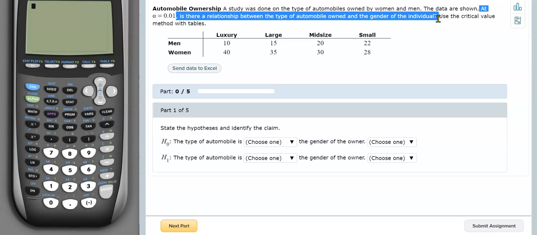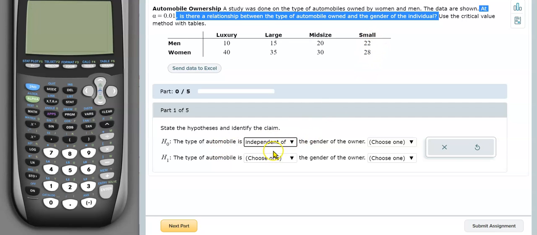Relationship means dependency, dependent or not dependent. There is a relationship means they are dependent. There is no relationship means not dependent, just meaning independent. So H0, they are independent, is the default.